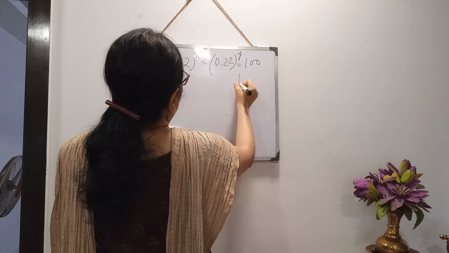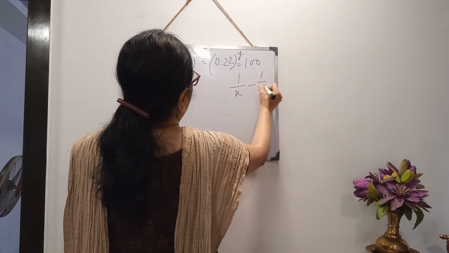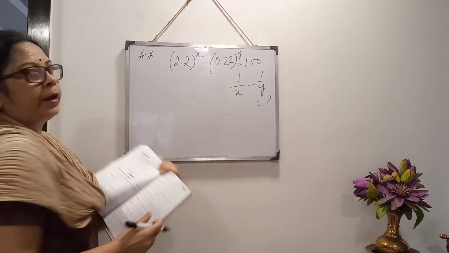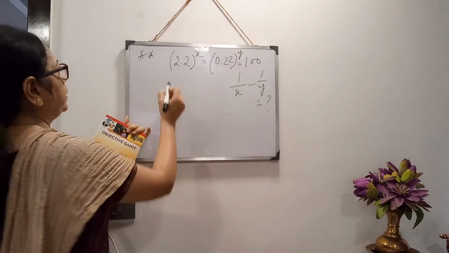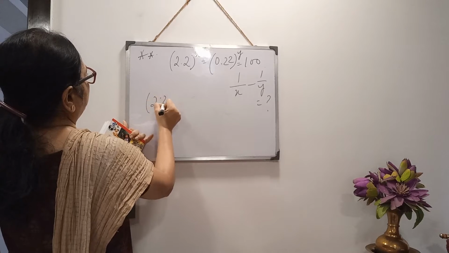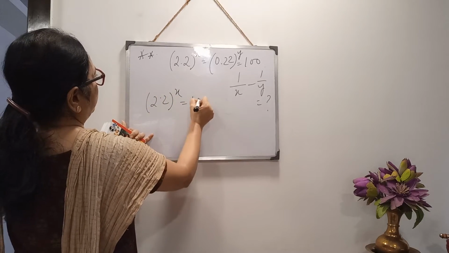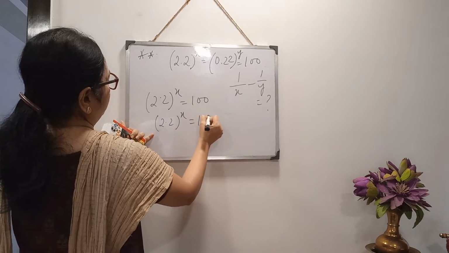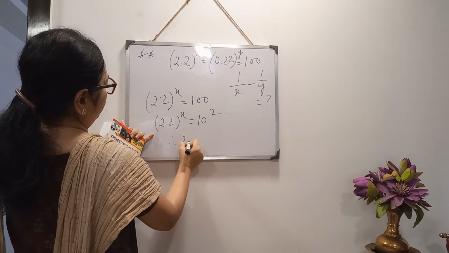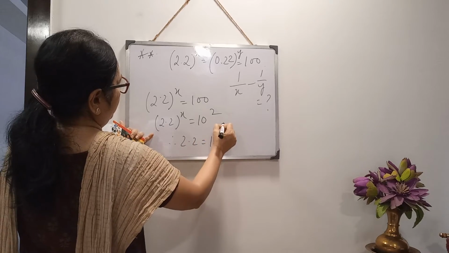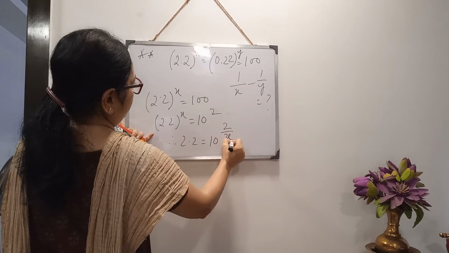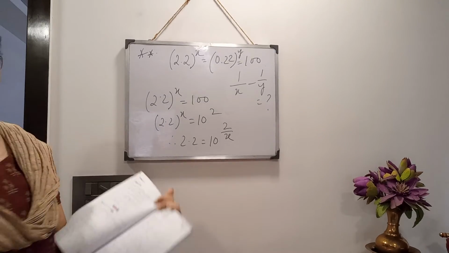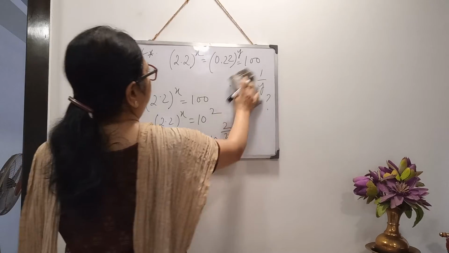Then find the value of 1 by x minus 1 by y. I am starting from what is given. 2.2 to the power x equals 100. 100 means we can write 10 square. Therefore 2.2 equals 10 to the power 2 by x.